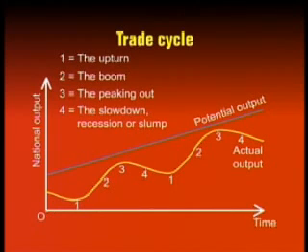The level of actual output, as you can see in the graph, is highest in phase 3, but the growth rate in actual output, that is the slope of this actual output curve, is maximum in phase 2. So that discussion helps illustrate the distinction between actual and potential output.